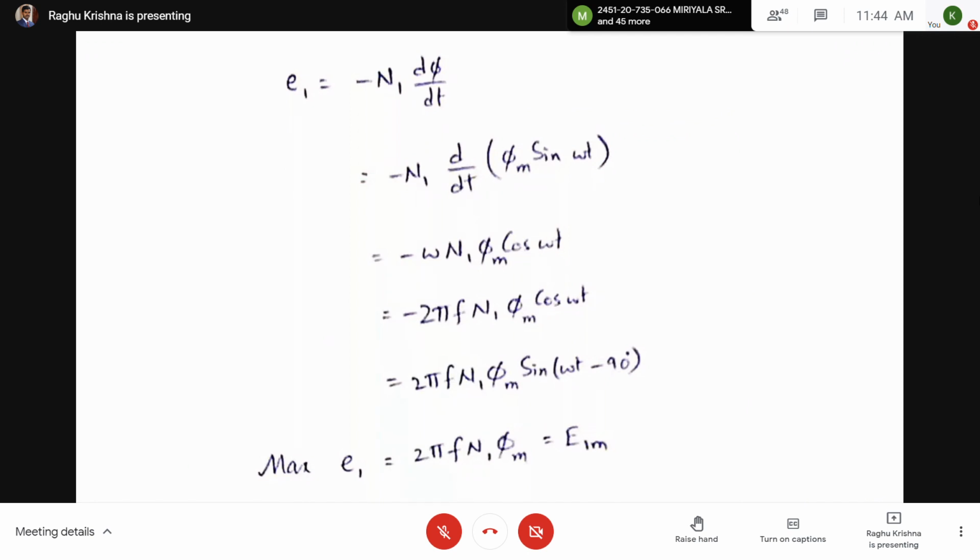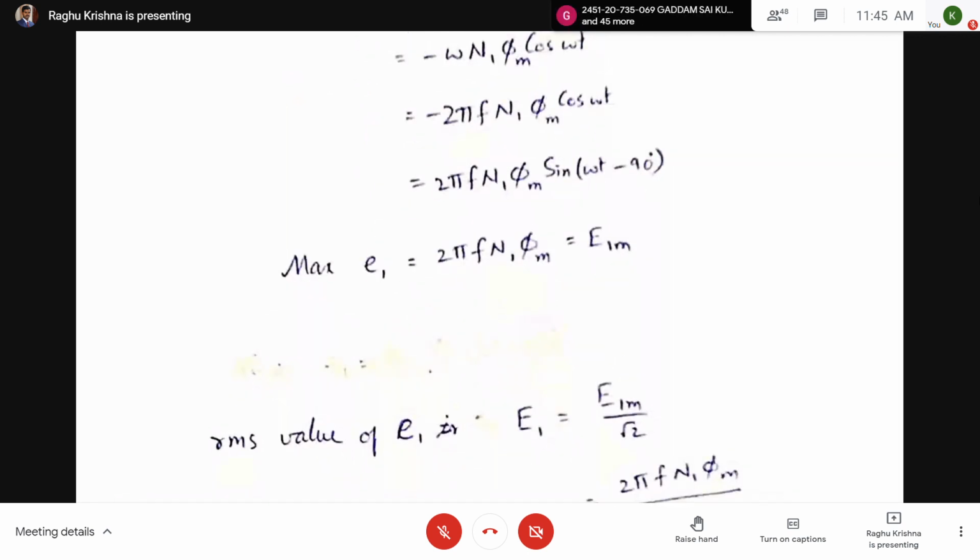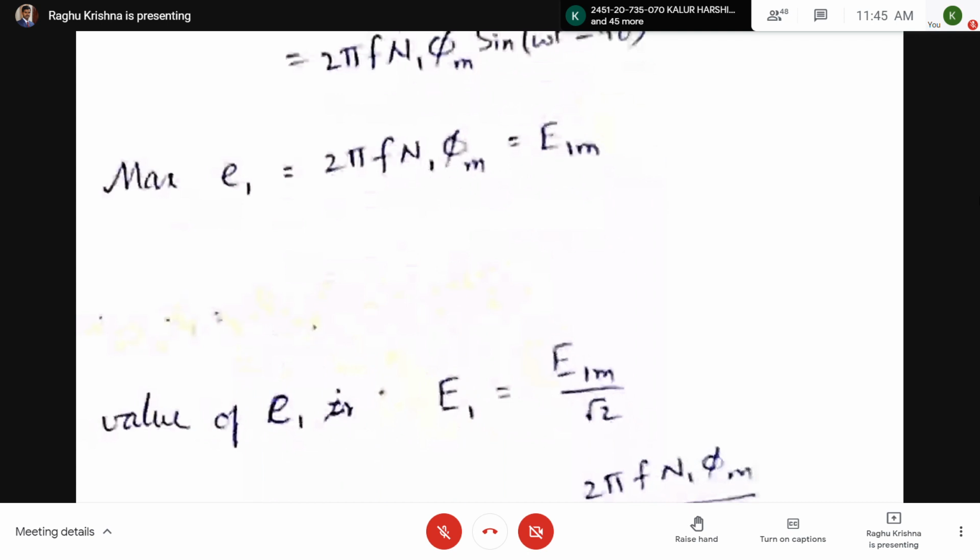So what is the maximum value? 2πf N1 Φm. That I am going to write as E1m. Now the RMS value of e1 is capital E1 and it is equal to E1m by root 2.